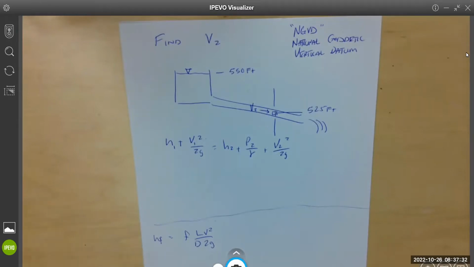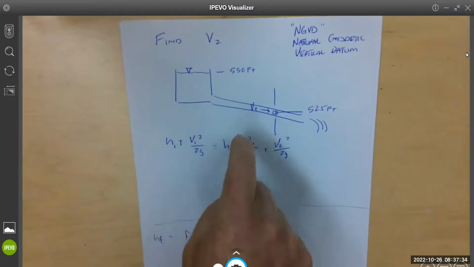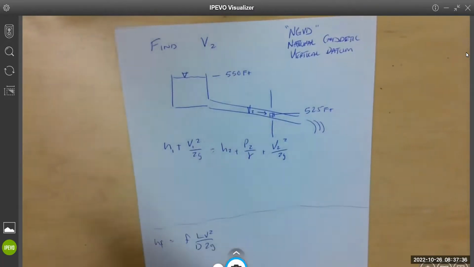So keep in mind that this conservation of energy equation is only applied to this kind of system where we have an open reservoir. That whole equation right there, that is the simpler form.